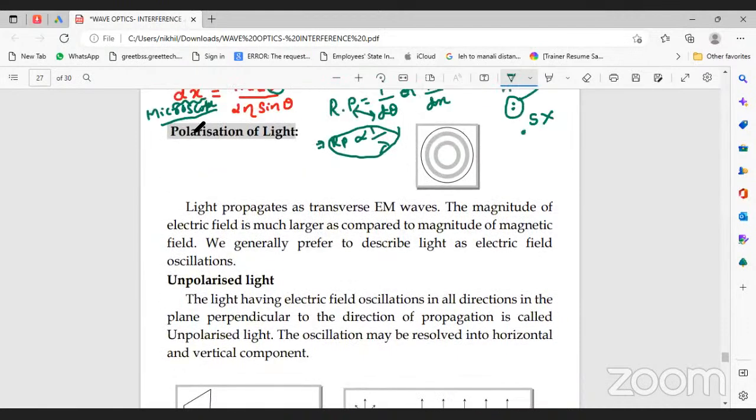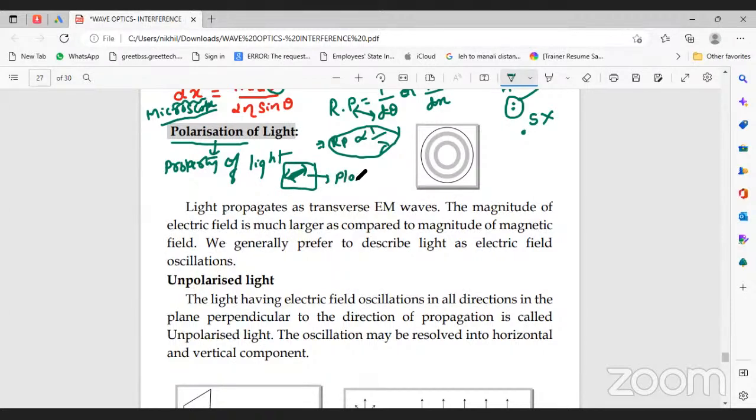Come to the meaning of polarization. Actually, polarization is the property of light. Because of this property of light itself, we can get the vibrations in one single plane.